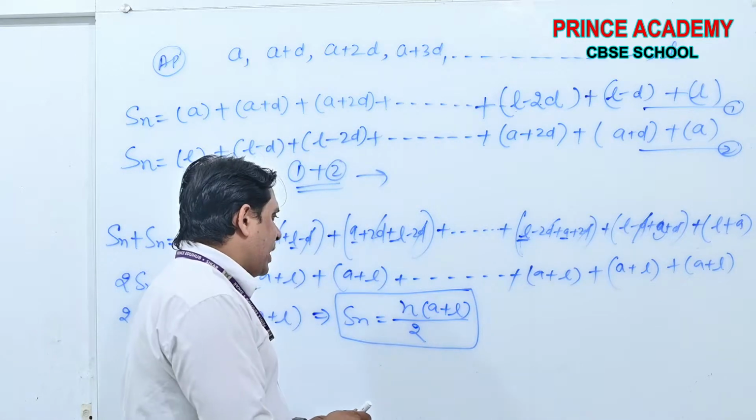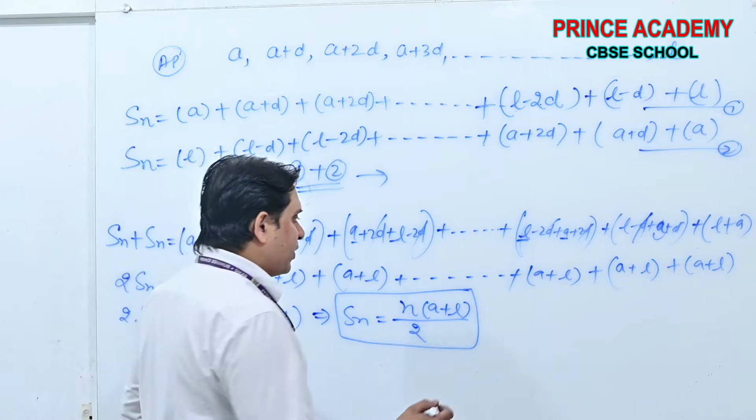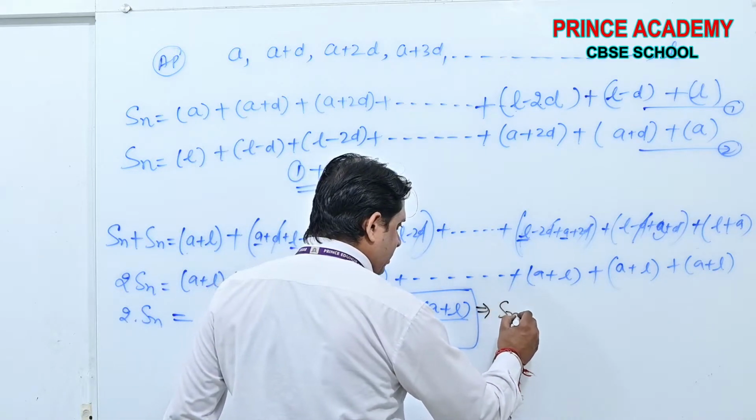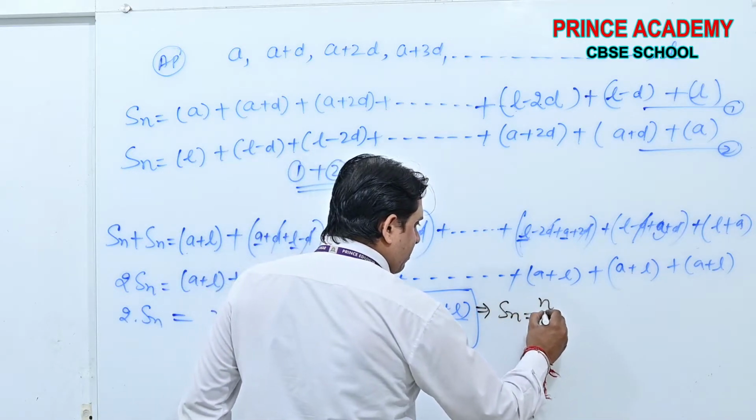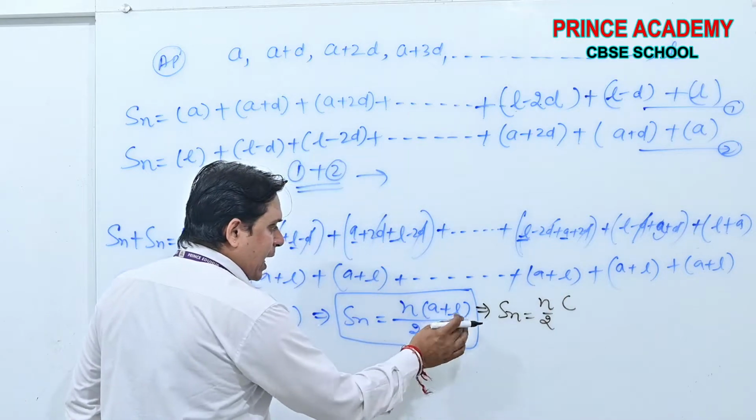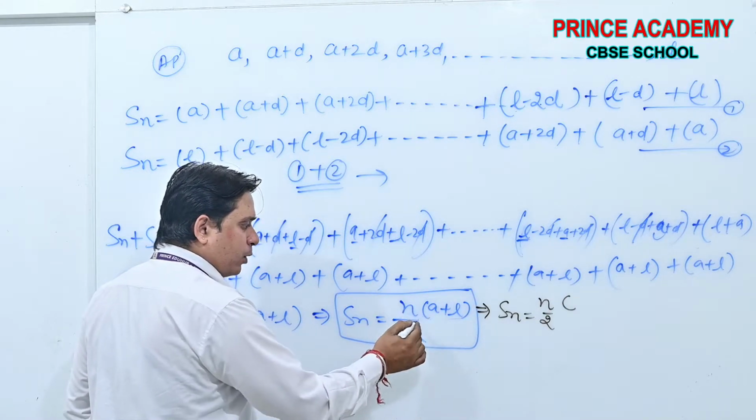And if you want to elaborate it a little bit more, this is the second form. See beta, n by 2, inside is A plus L. You can write it like this also. Okay.